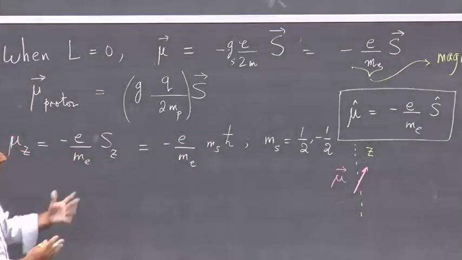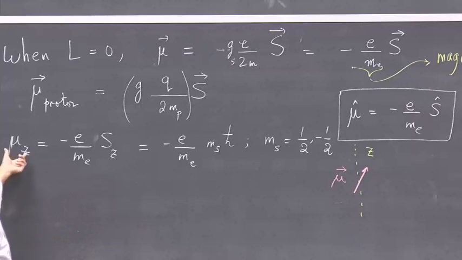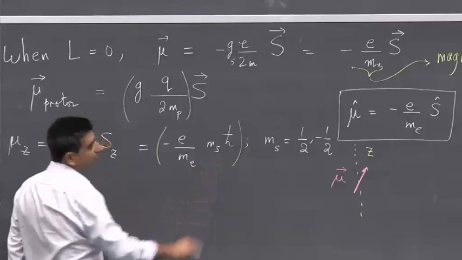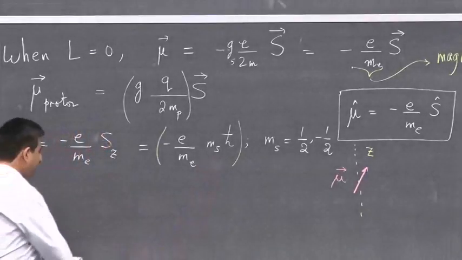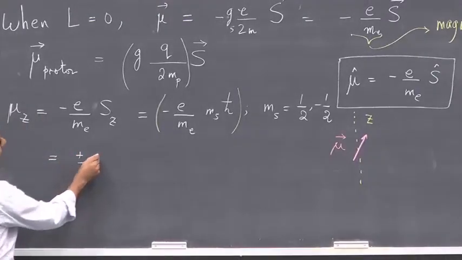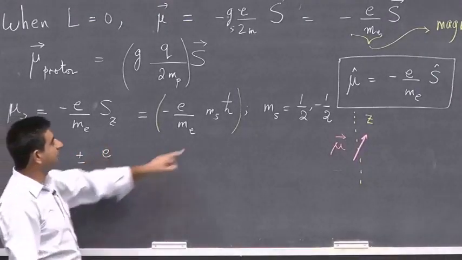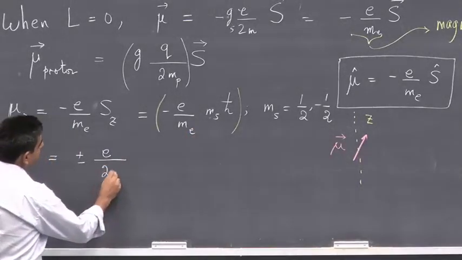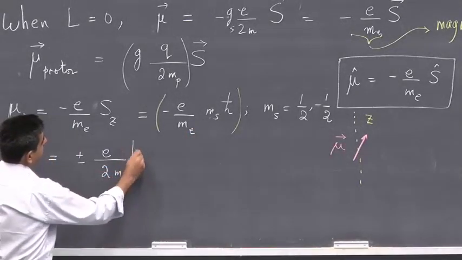When you perform this experiment, it turns out that mu_z is quantized because this object is quantized. The possible values of mu_z are plus or minus e over 2 m_e times h bar.